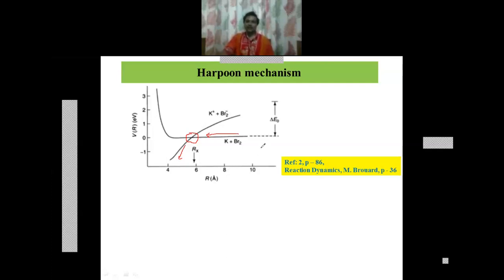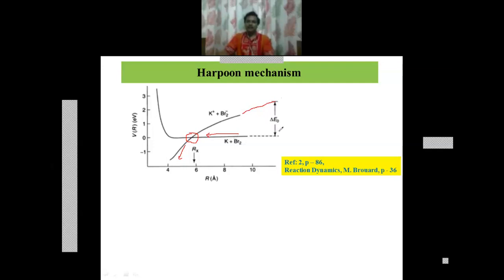Now, here I have shown this delta E0. Actually, this curve is going to asymptotically merge with this. Now, what is this delta E? If you look here, both potassium and Br2 are neutral. Here potassium is K plus and Br2 is minus, so one electron has gone from potassium to bromine.